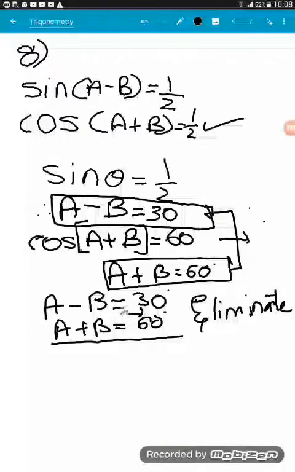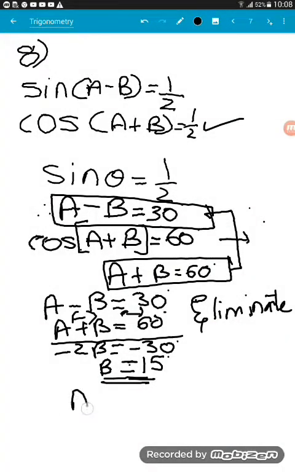So minus, it will be minus 30 degree equal to minus 2b, therefore b equal to 15 degree.